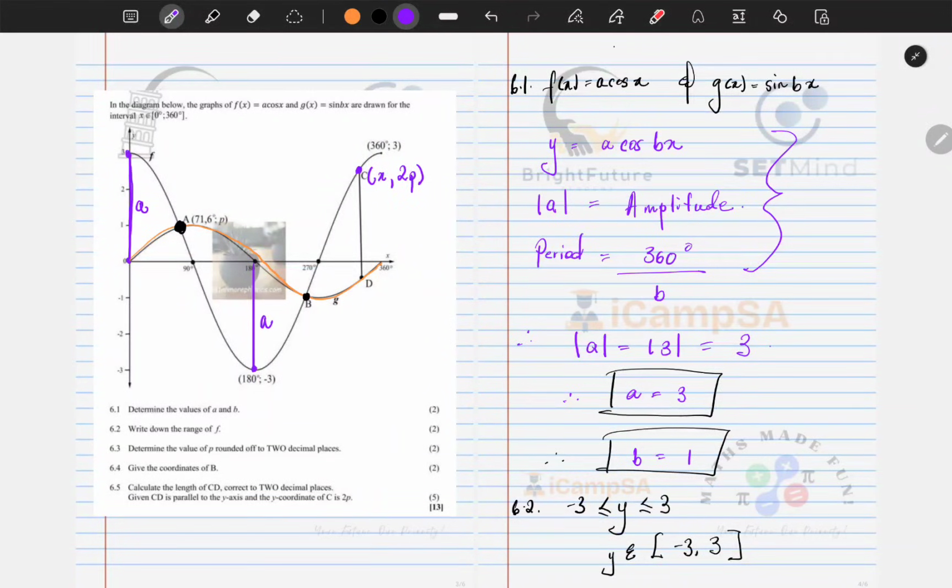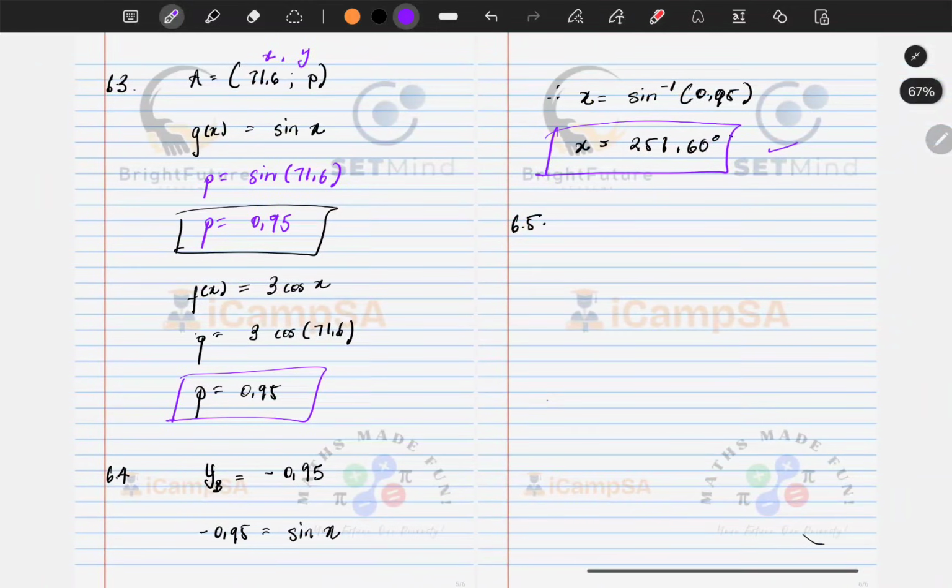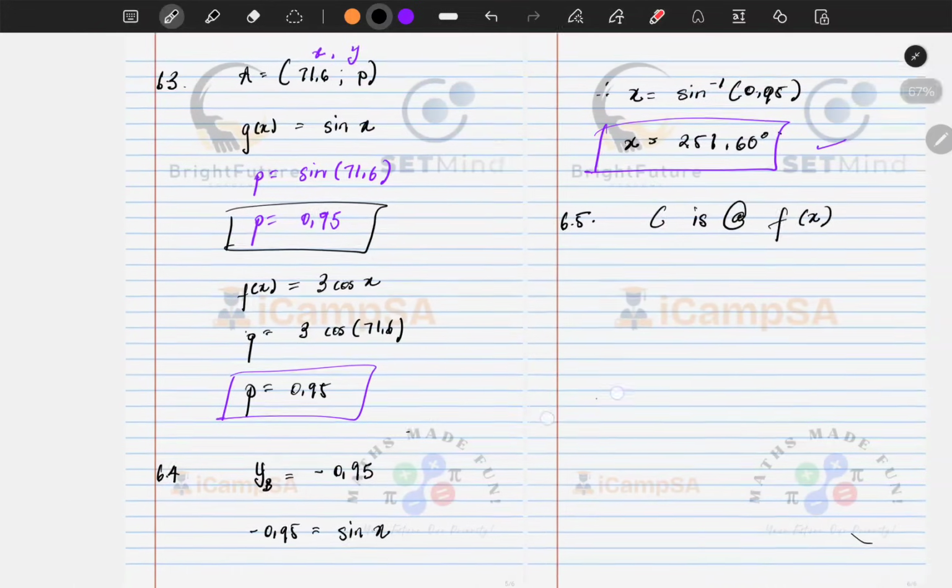So we are already told that. And also remember, what do we know? We know the equation of f of x. So C is at f of x, right? C is at f of x, right?